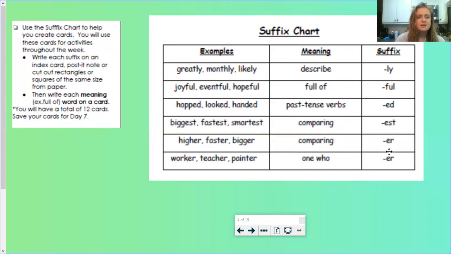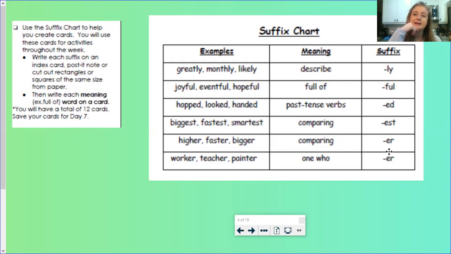And then it says, then write each meaning word on a card. So it says you have a total of 12. You could make the cards so that each has examples, meaning, and suffixes, just to save yourself some index cards. But you're pretty much just taking the information from this chart and putting it on index cards.